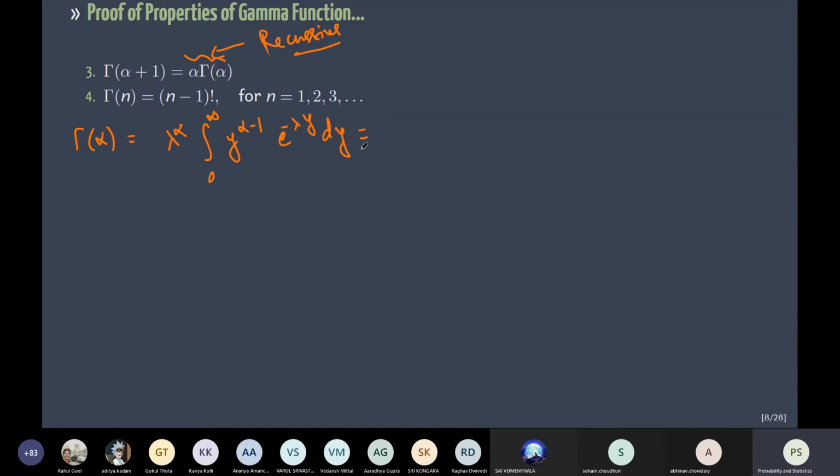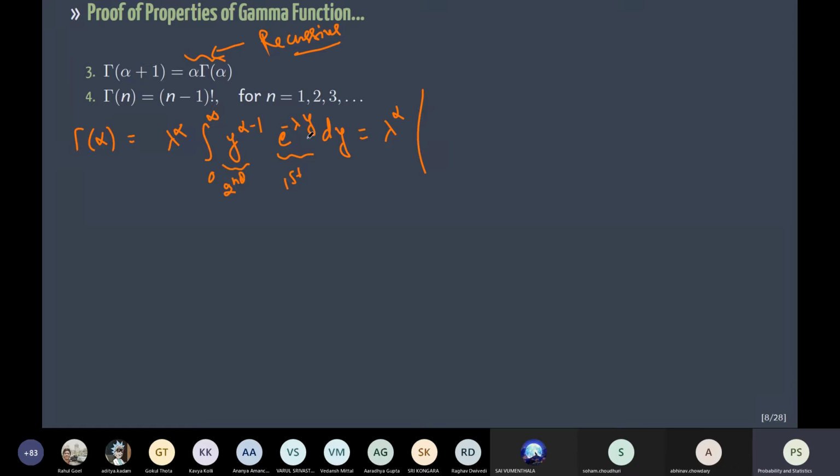Can I relate alpha with some gamma alpha plus 1 hidden here? That's the question. So this is lambda to the alpha, and then I will do integration by parts. Let us say this is the first function I choose and this is the second function.